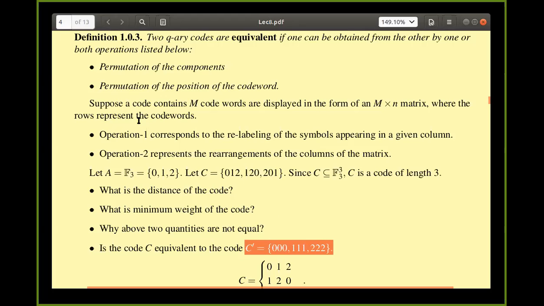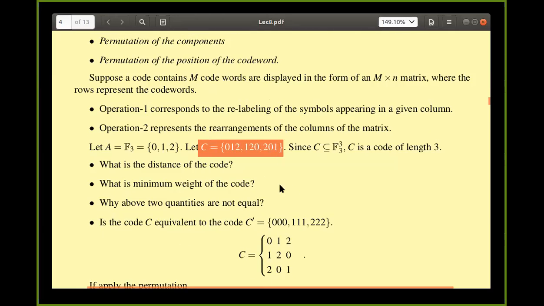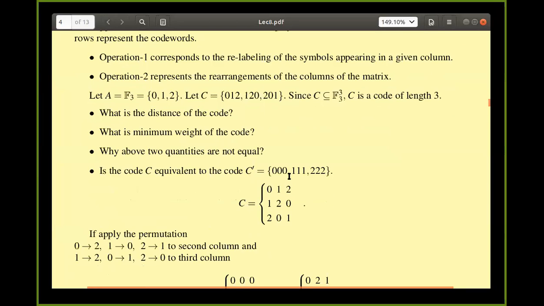Actually, what we are doing is this. This is the code I have written in matrix form: 0, 1, 2; 1, 2, 0; and 2, 0, 1. So what I'm doing is applying a permutation, which corresponds to relabeling the symbols appearing in the given column.